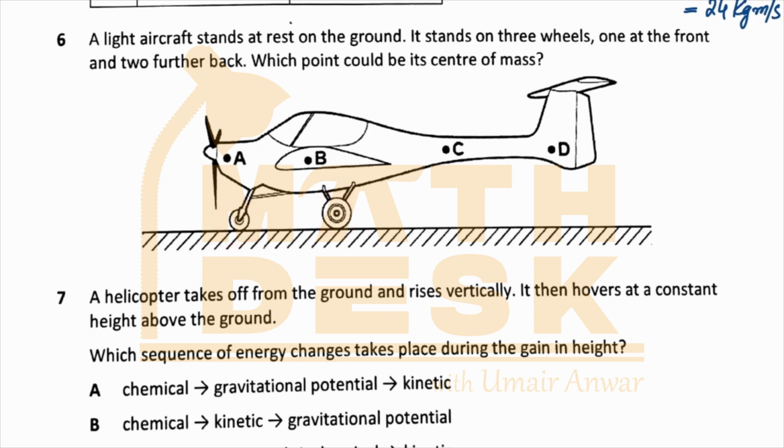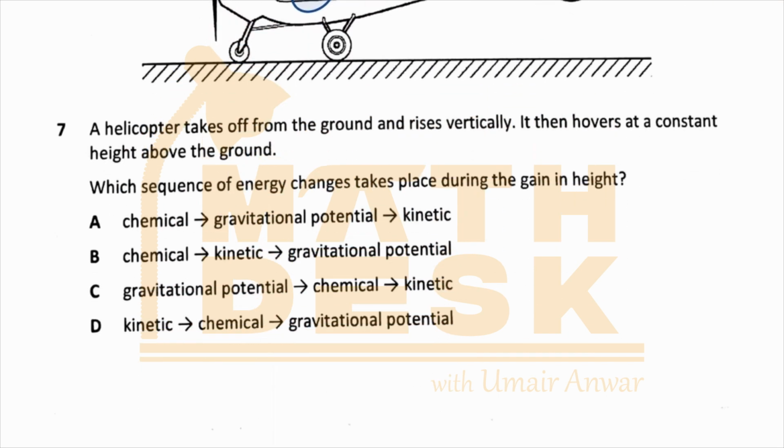So center of mass cannot be here, not here, because the mass is concentrated in the front region over here, and it cannot be here at A because this region is too far front for having the center of mass. So the best region to have the center of mass is B. So B would be the correct option for this question.